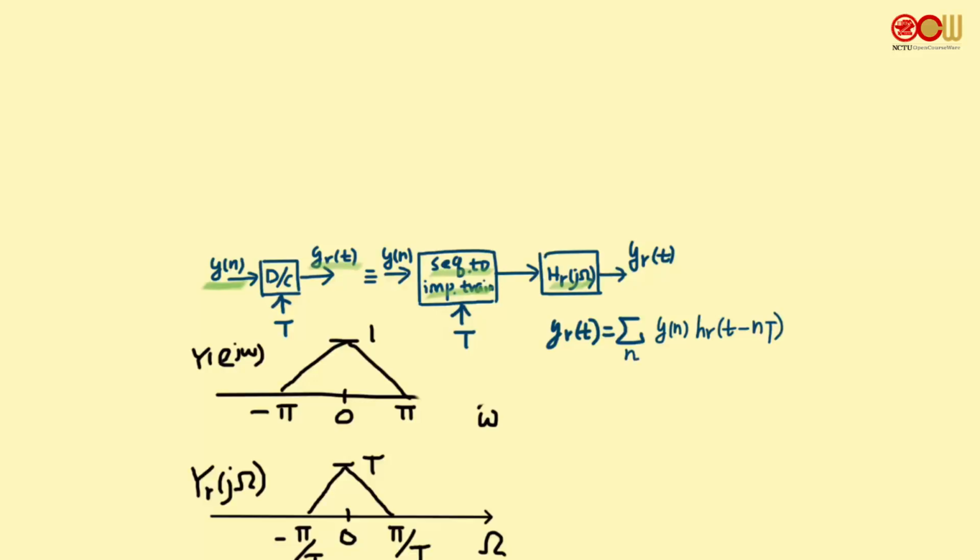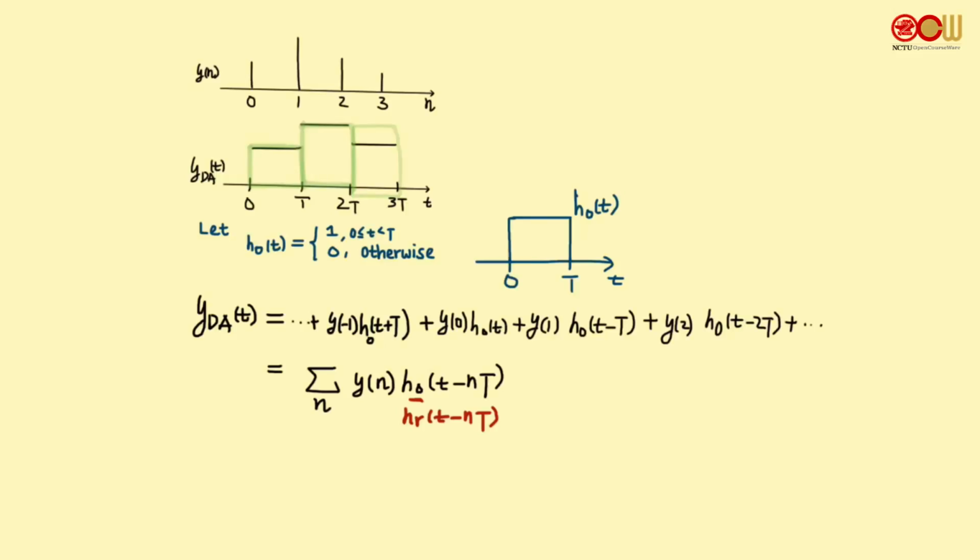And we compare this with the expression of the D to A converter output that we just have. Then we see they are exactly the same, except that hr is replaced by h0.